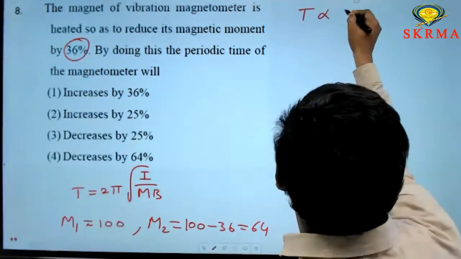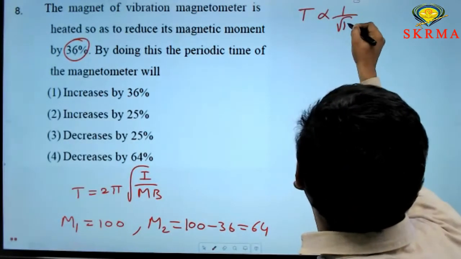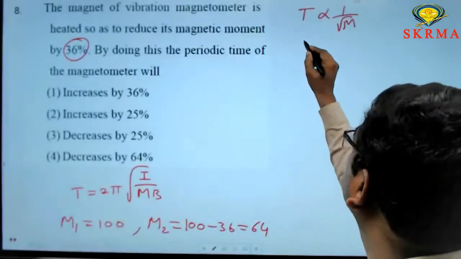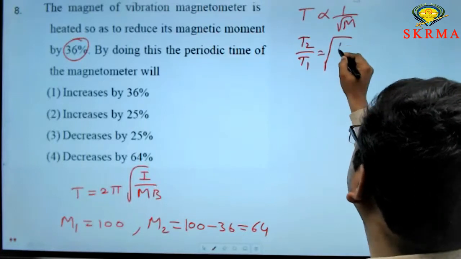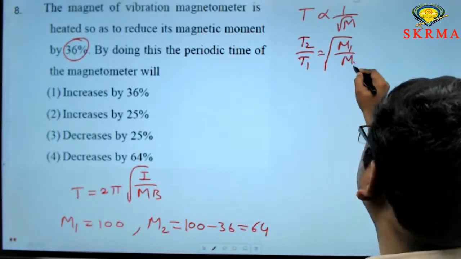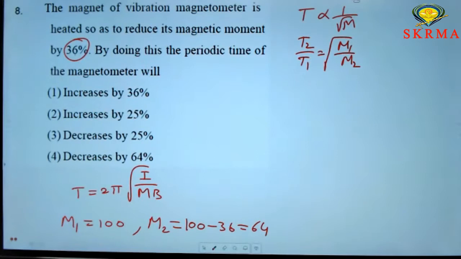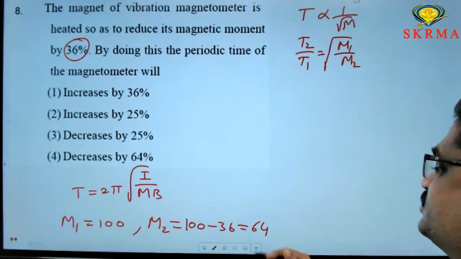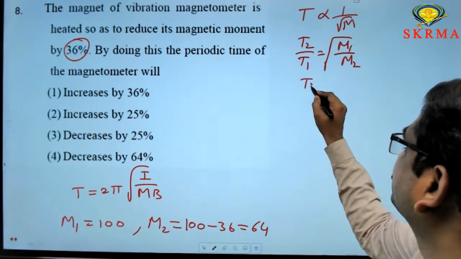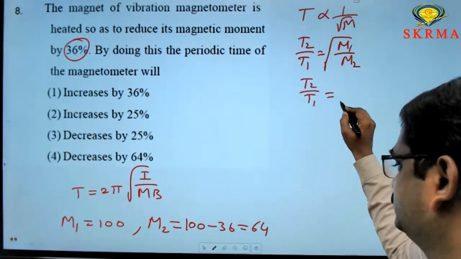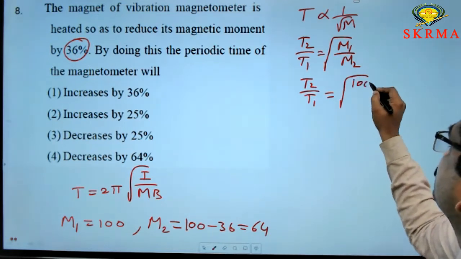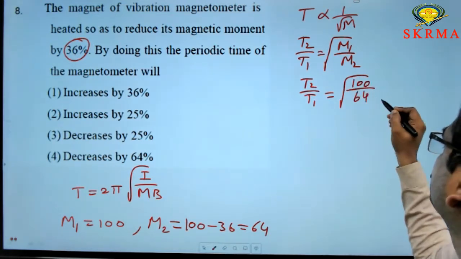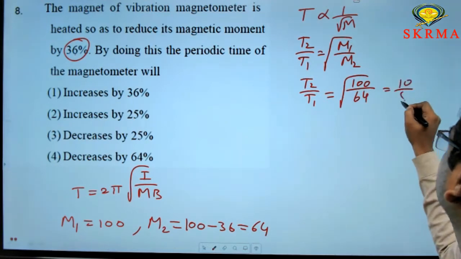Time period is inversely proportional to the square root of magnetic moment. So T2 by T1 equals square root of M1 by M2. Substituting, T2 by T1 equals square root of 100 by 64, which equals 10 by 8.